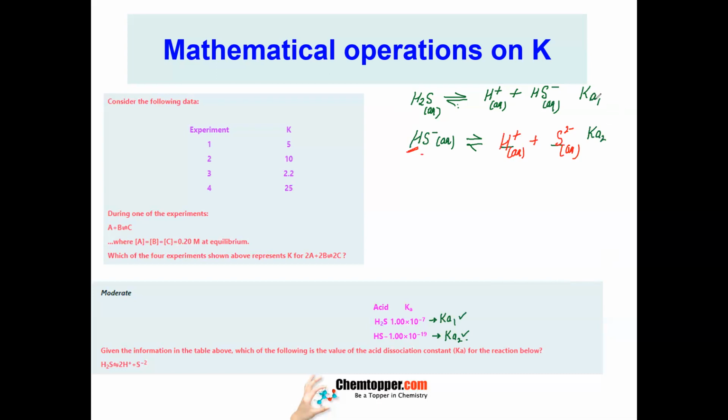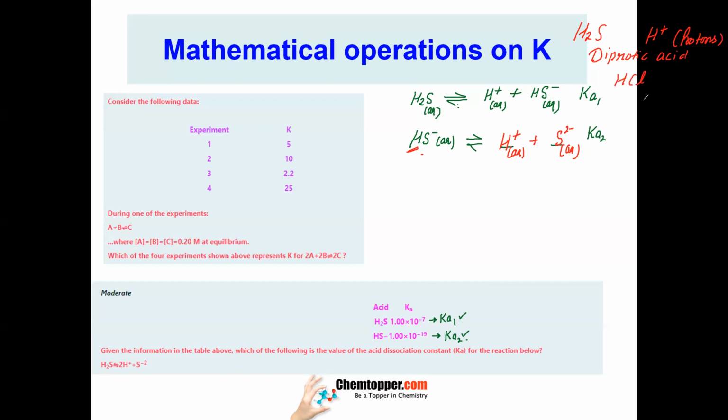Okay, so we have Ka1, Ka2. So how many protons are there in H2S? Protons, you know, H plus, how many? Two. We call it a diprotic acid. So we have monoprotic acid like HCl.